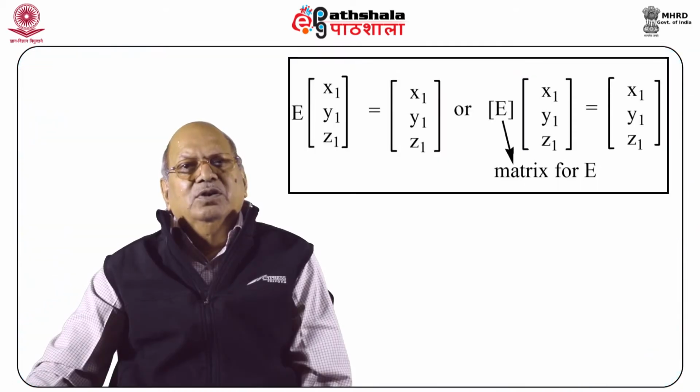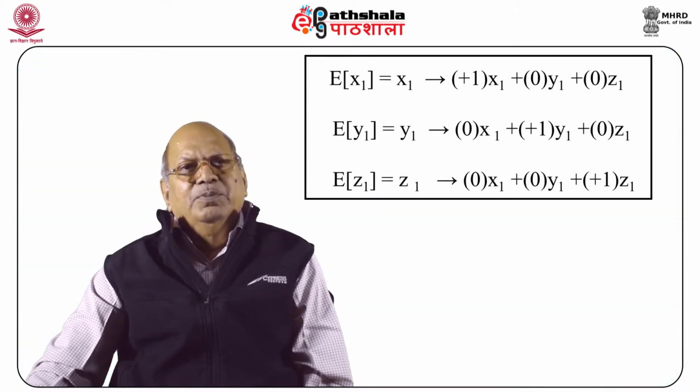Let us see the effect of the E operation. E operated on the general point x1, y1, z1 gives x1, y1, z1, because it does not change. In equation form, E operated on x1 gives x1, that is, plus 1 x1, 0 y1, 0 z1.